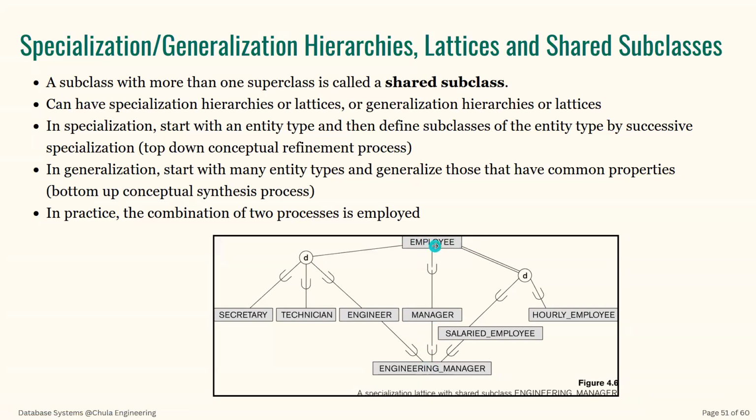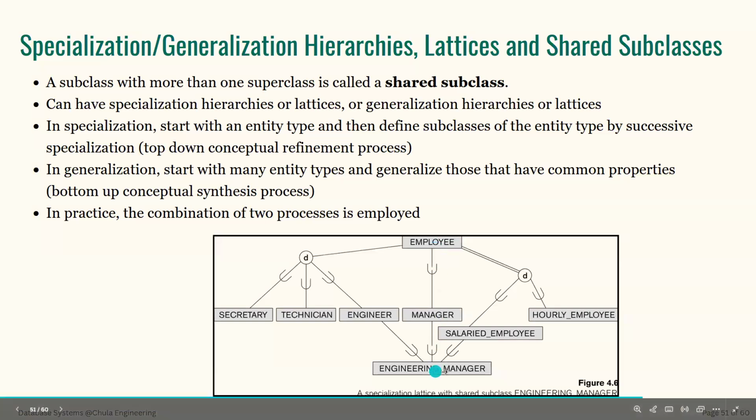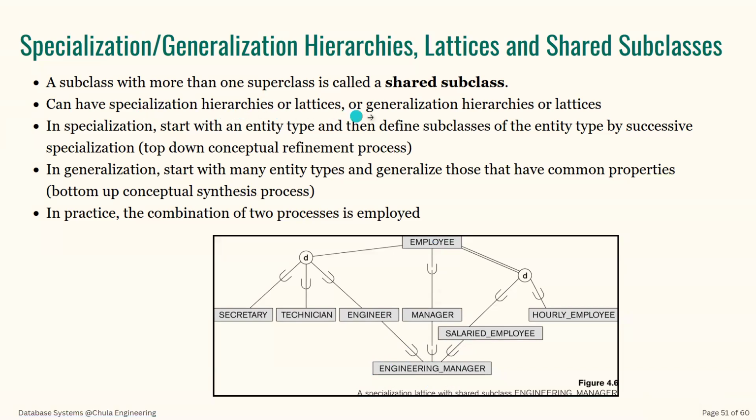See, so employee also has engineer as subclass. Engineer has engineering manager as subclass. Salaried employee has engineering manager as subclass. So this engineering manager by itself is also a shared subclass. So now you can have specialization hierarchy or lattices or generalization hierarchy or lattices. It means that it's just a reverse process.